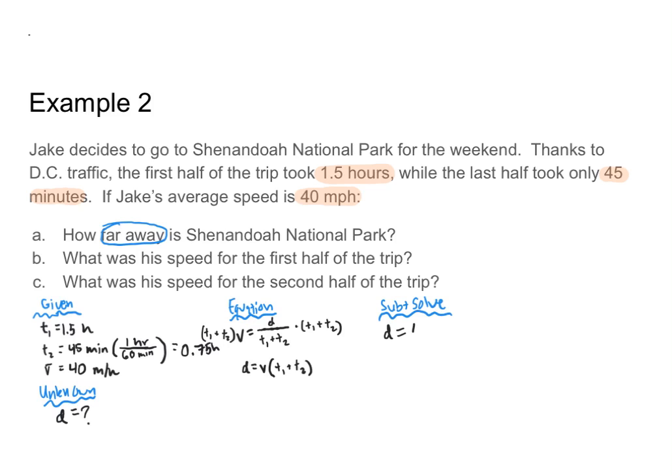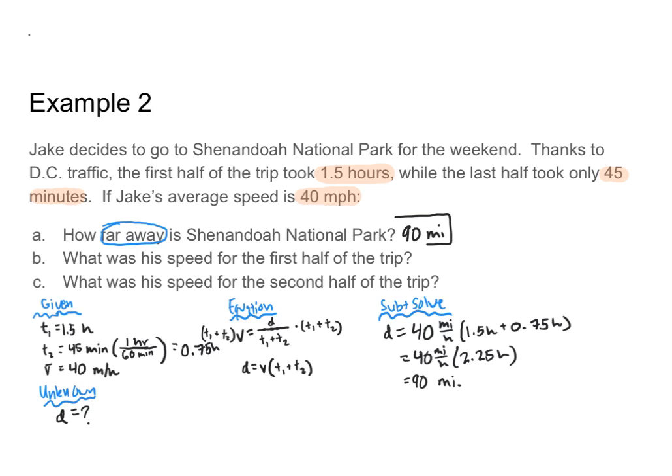So we've got 40 miles per hour times 1.5 hours plus 0.75 hours, or 40 miles per hour times 2.25 hours. So my distance is going to be 90 miles. So we know that Shenandoah National Park is 90 miles away.